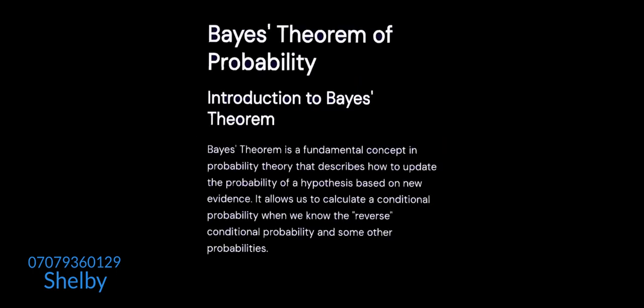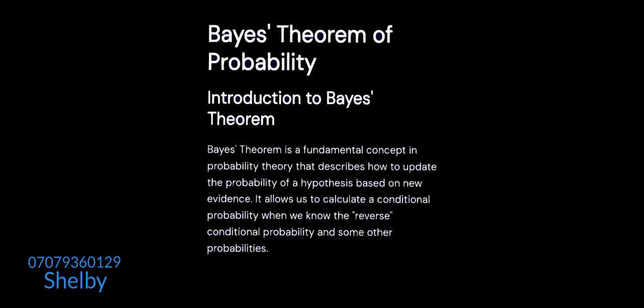Well, Bayes' theorem is a fundamental concept in probability theory that describes how to update the probability of a hypothesis based on new evidence. It allows us to calculate conditional probability when we know the reverse conditional probability and some other probabilities.